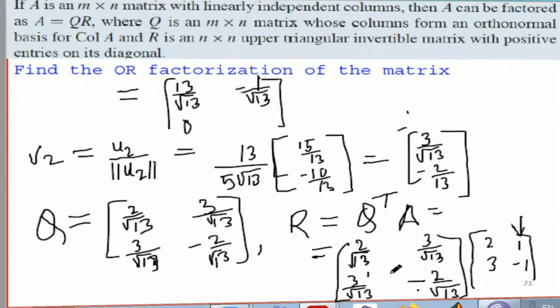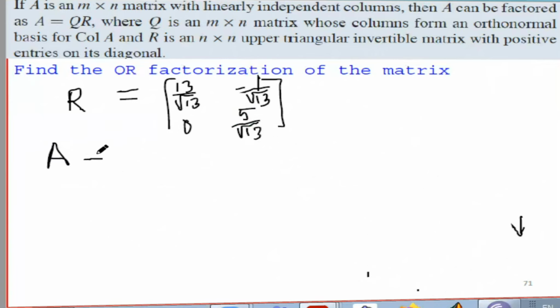And multiplying with the second row, 1 into 3, 3, and minus 1 into minus 2, plus 2. So 3 plus 2, 5, giving 5 by root 13. This is the R matrix, which is an upper triangular matrix.